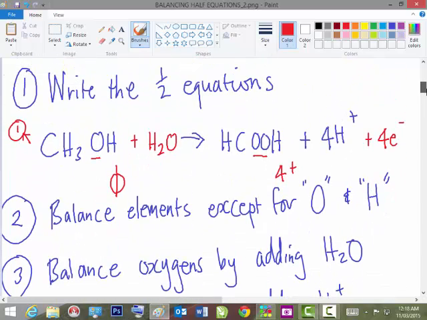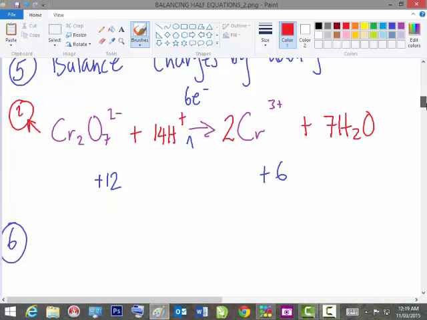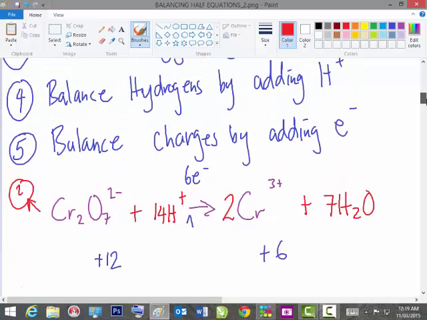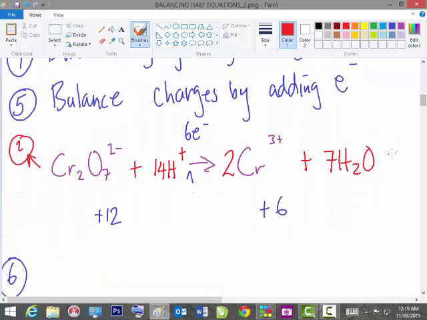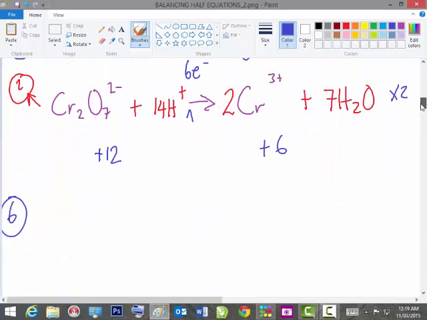So the first one has 4 electrons on the right hand side, the second one has 6 electrons on the left hand side. So we need to balance the electrons. If we multiply this whole equation by 2, we'll get 12 electrons, and multiply this whole equation by 3, we'll get 12 electrons. So we'll do that.